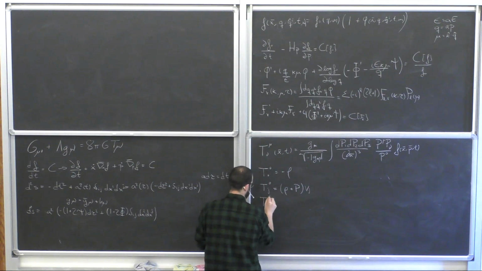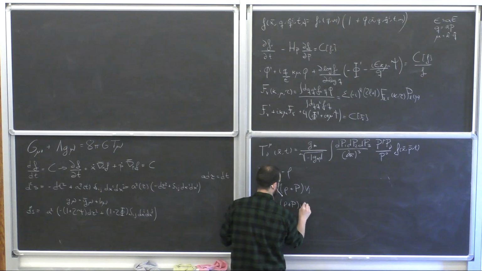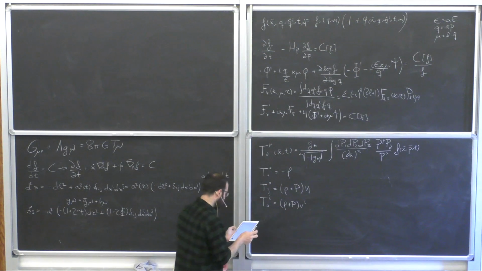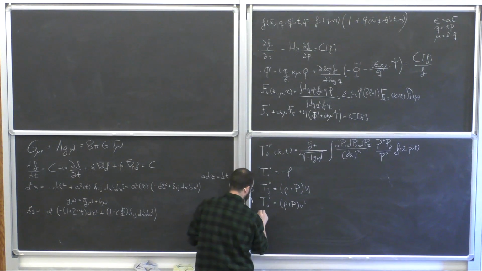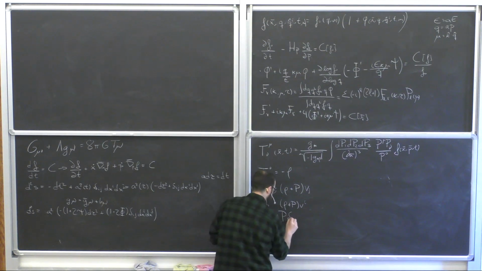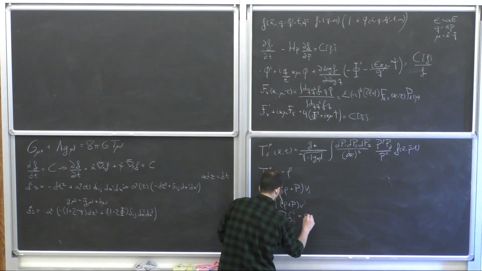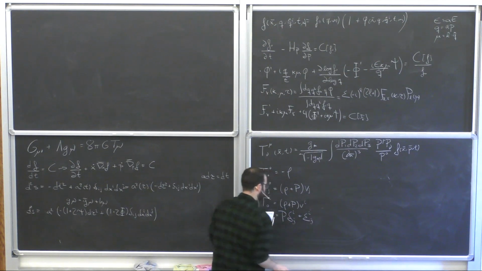The other one is the same. And finally, the space-space component has a term that goes as the pressure only in the diagonal, plus the anisotropic stress.